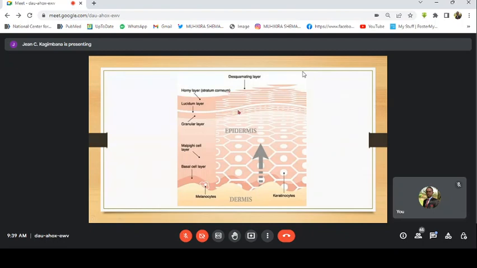You see here, it's already flat. Then at the horny layer, stratum corneum, we have no nucleus, which is very important to know, because in some skin conditions, like psoriasis, you will have nuclei still present at the stratum corneum.